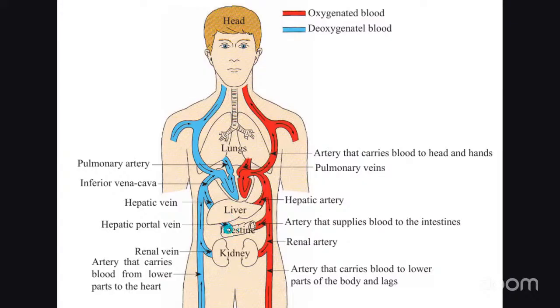So I think this is what they meant, right? All the nutritious blood is going to go to the liver. From the liver, it's going to be going to different parts of the body. So you can see the term portal is there. You have the hepatic vein, and this is the hepatic portal vein. The vein that is existing between the liver and intestine is called the hepatic portal vein. So pay attention to that. Okay. All right.